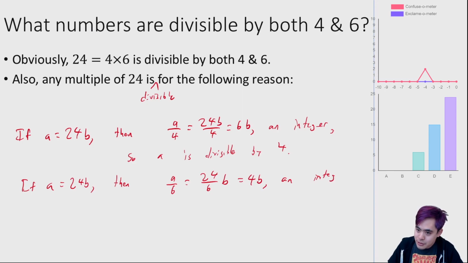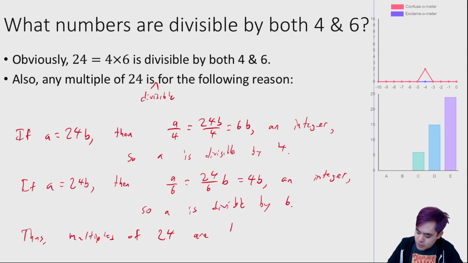So a is divisible by 6. Thus, multiples of 24 are divisible by both 4 and 6.